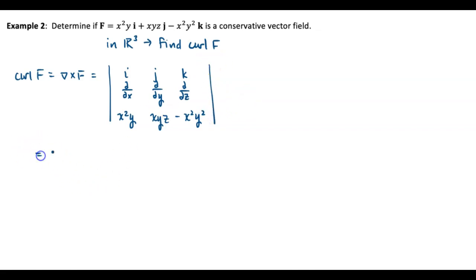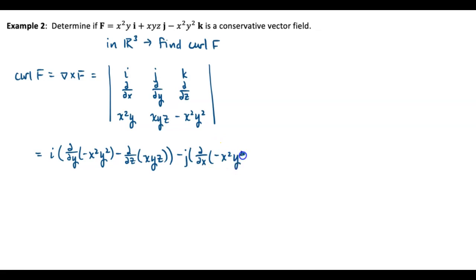And so we can say that this is equal to i times the quantity of the partial with respect to y of negative x squared y squared minus the partial with respect to z of xyz, minus our j component, which is the partial with respect to x of negative x squared y squared minus the partial with respect to z of x squared y.